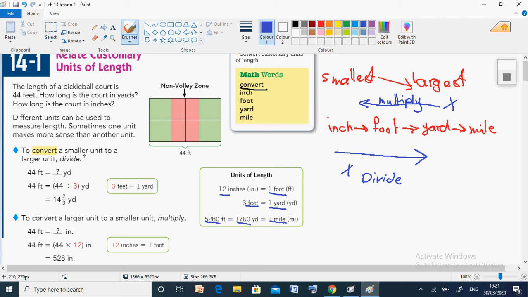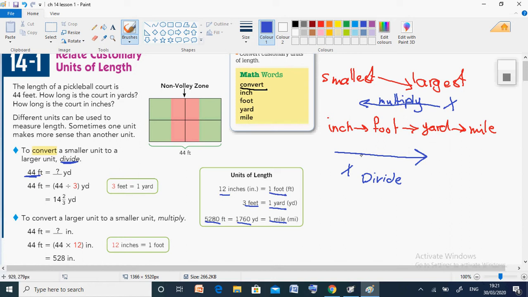To convert a smaller unit to a larger unit, we have to divide. For example, if I have 44 feet and I want to convert them to yards, from feet to yard, we are going from left side to right side, or from smaller unit to larger unit.